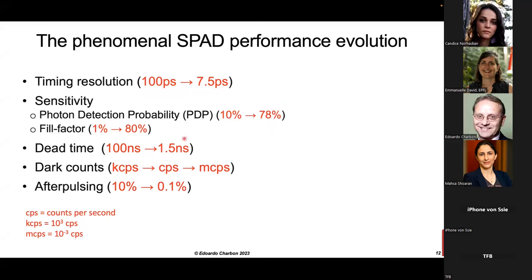Dead time has also improved, and that means that you can detect more photons in a short amount of time, while dark counts, which is basically a measure of noise, have gone from kilo counts per second (CPS) to single digit CPS and now milli-CPS with cooling. Afterpulsing has also reduced dramatically, thereby reducing correlated noise.